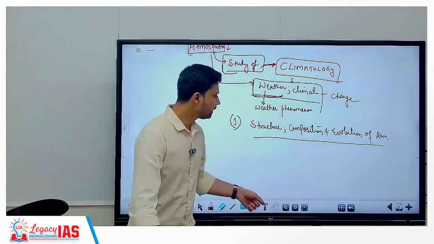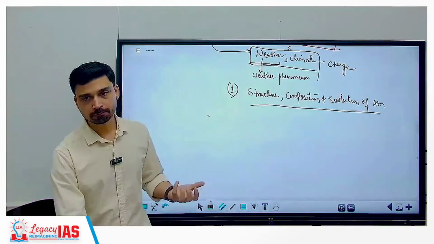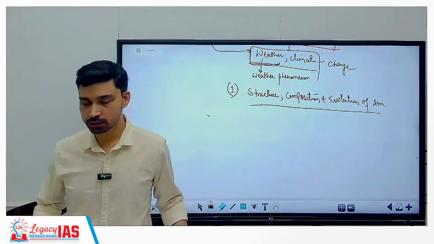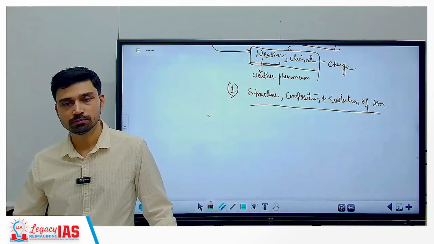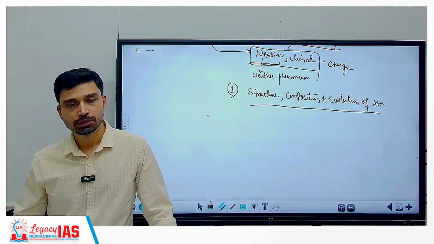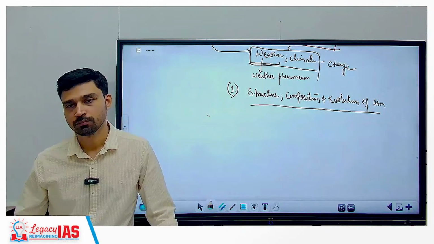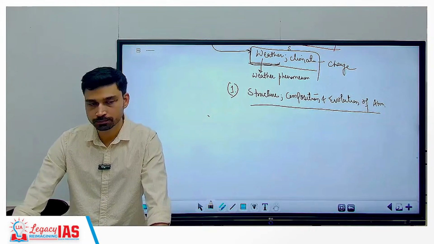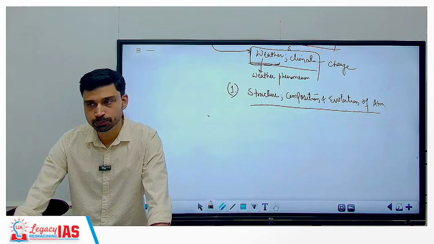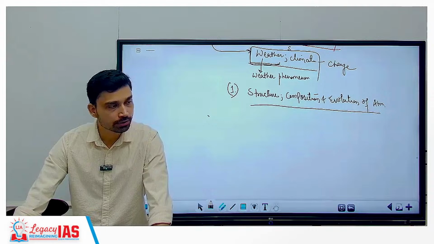Because currently, whatever atmosphere we are part of, which is the gas in highest concentration at present time? Nitrogen gas. Then second, oxygen. Then third, which is the third dominant gas?